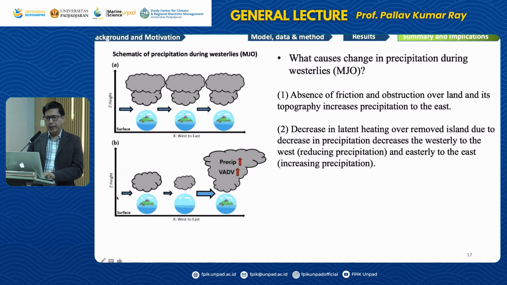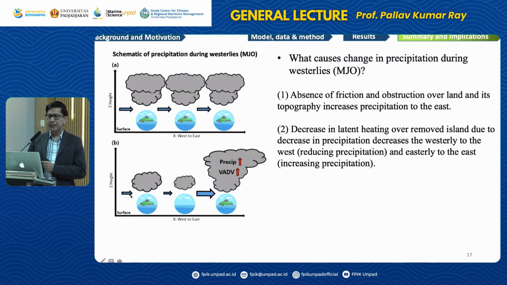Meaning that when the MJO is coming to Borneo, if there is no land, that MJO can easily propagate and become stronger and lead to much more precipitation over New Guinea. So it's more of a mechanical forcing. You remove the topography, you remove the island, so you should have more precipitation here. That's very easy to explain. Now what is not easy to explain is why there is a decrease here.